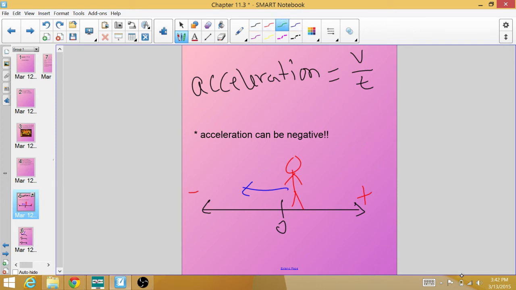And let's say the rubber band is still pulling them in this direction, they're going to end up speeding up. You can think of it as this rope going whoop and pulling them this way. So acceleration can be negative, but that doesn't always mean it's a deceleration. We're going to talk more about this in class, so if it doesn't totally make sense right now, that's okay. Just remember in your mind, acceleration can be negative, and all that's telling us is it's moving in a negative direction.